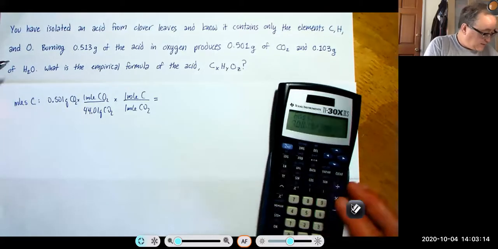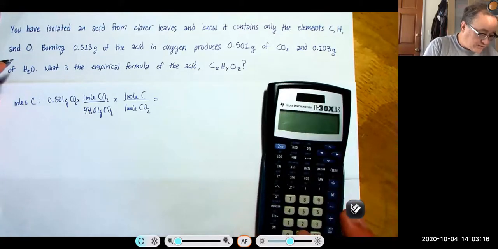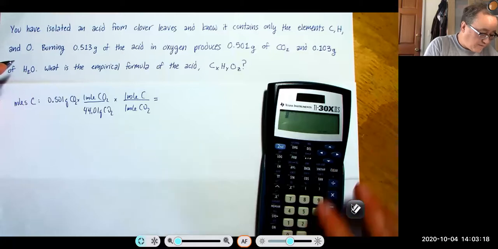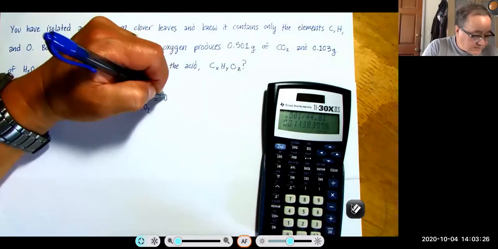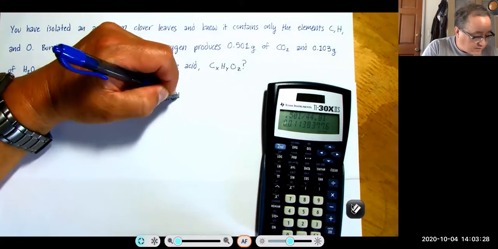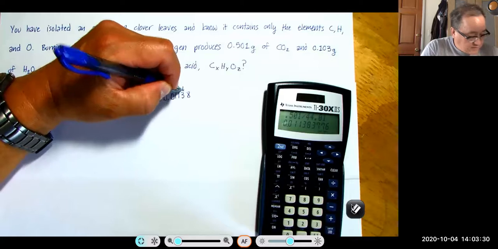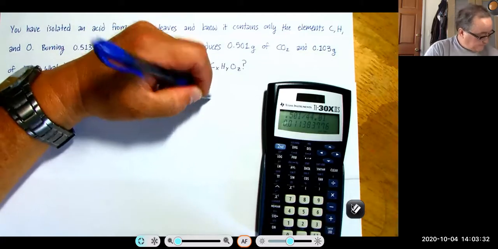So let's see what we get here. 0.501 divided by 44.01 is equal to, and we get 0.01138 mole of carbon.